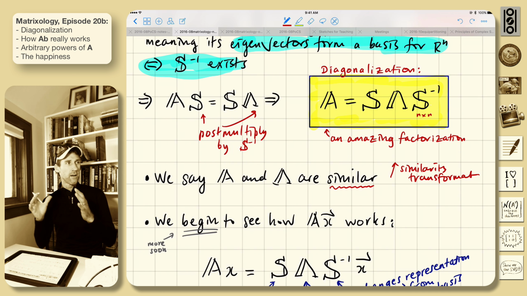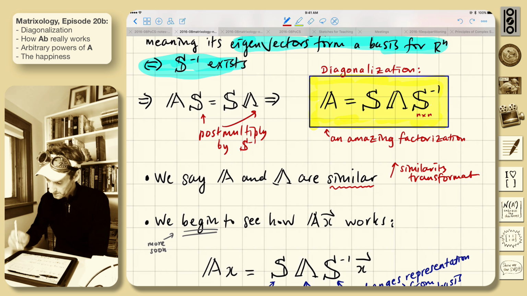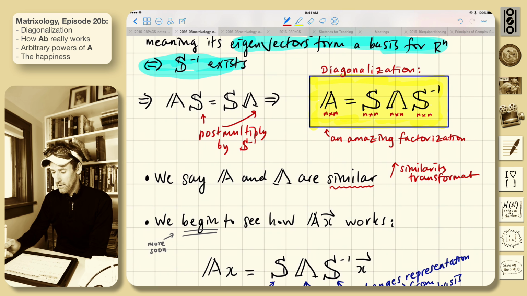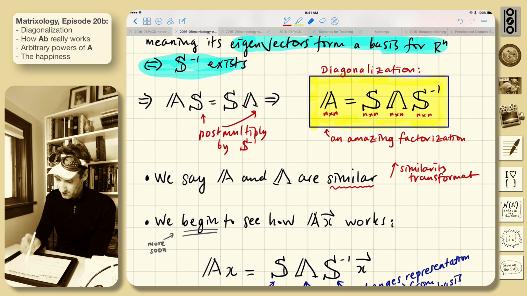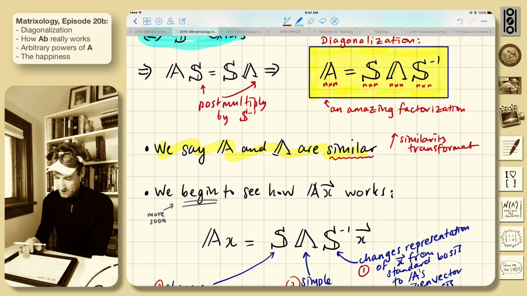So an inverse like that, then we say that they're similar. Again, it's a more general thing, but we're interested in the fact that this is connecting A to a diagonal matrix, right? So here's the statement. We say they're similar, right? A and lambda are similar.